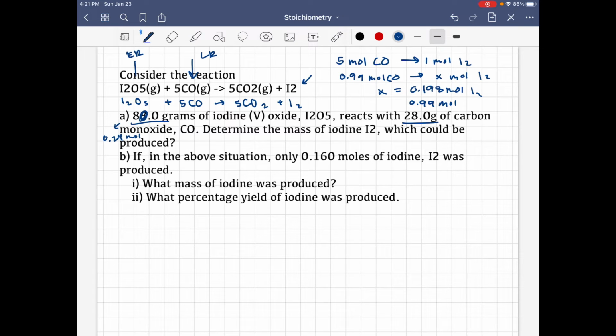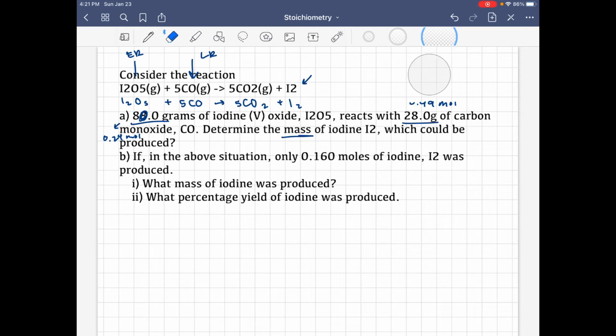What they want is the mass. When they say mass, they are always referring to grams unless it states that they want it in moles. So let's convert 0.198 moles of I2 into grams. Write it on the bottom so it can cancel out, with that many grams in 1 mole of I2.